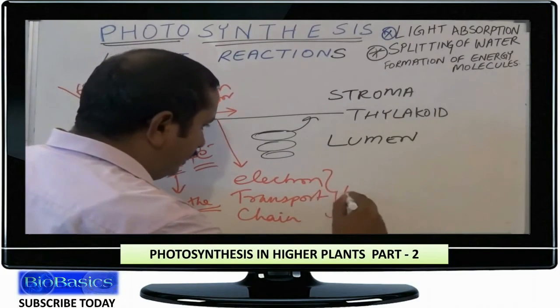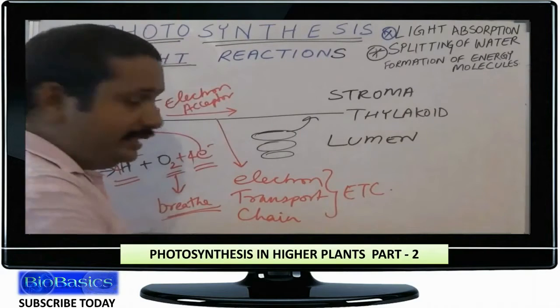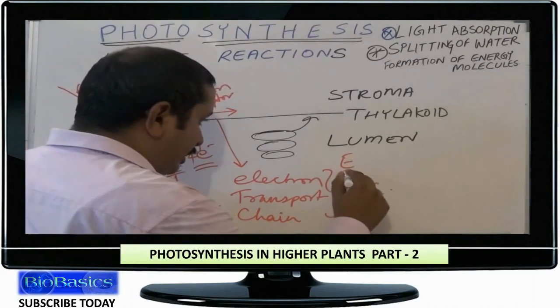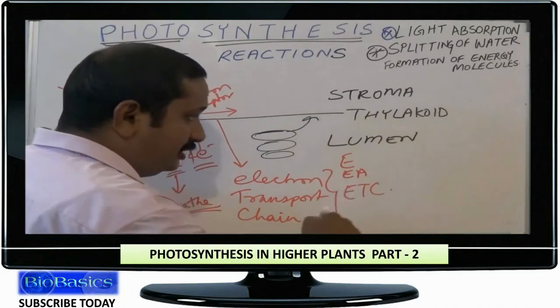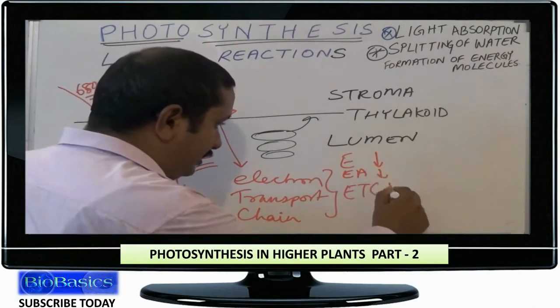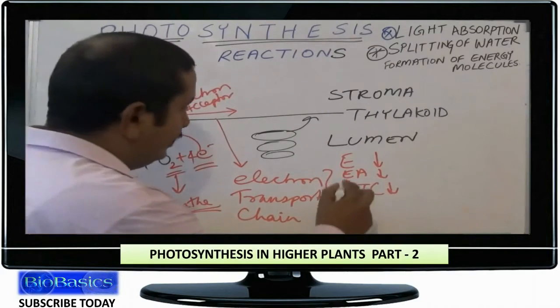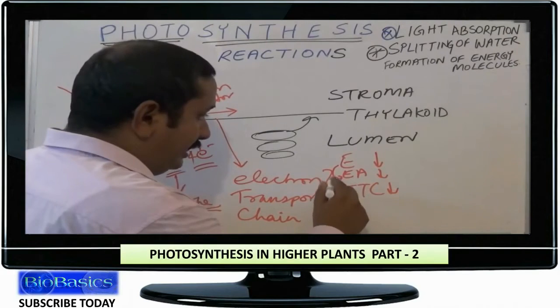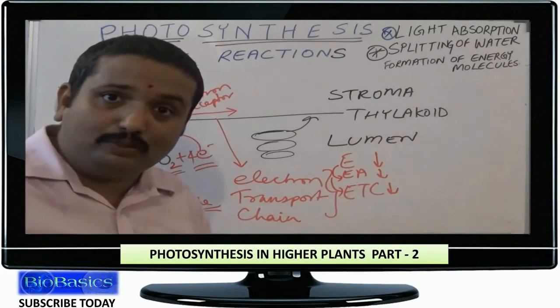If you want to remember it, you can remember it as the ETC. The E going to the EA, going to the ETC. E going to the EA to the ETC. Electron getting excited, going via the electron acceptor into the electron transport chain.